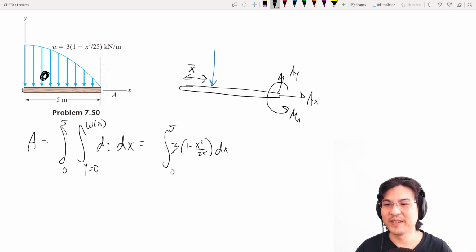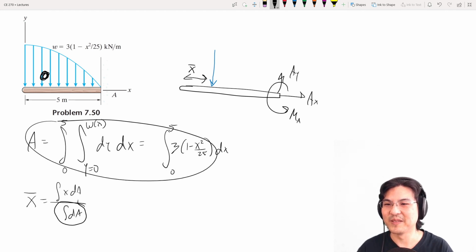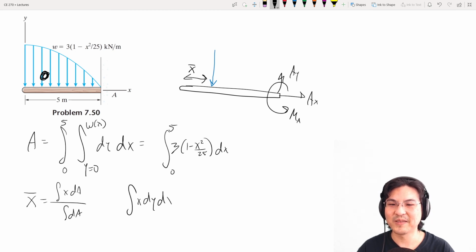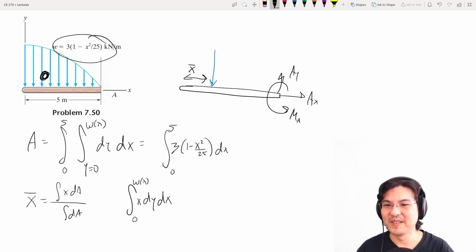For the centroid, it is like this. We got the denominator already, that's this. For the numerator, we just have to integrate x dA, which you can split into dy dx, with y from 0 to this function, and then in the x direction from 0 to 5.